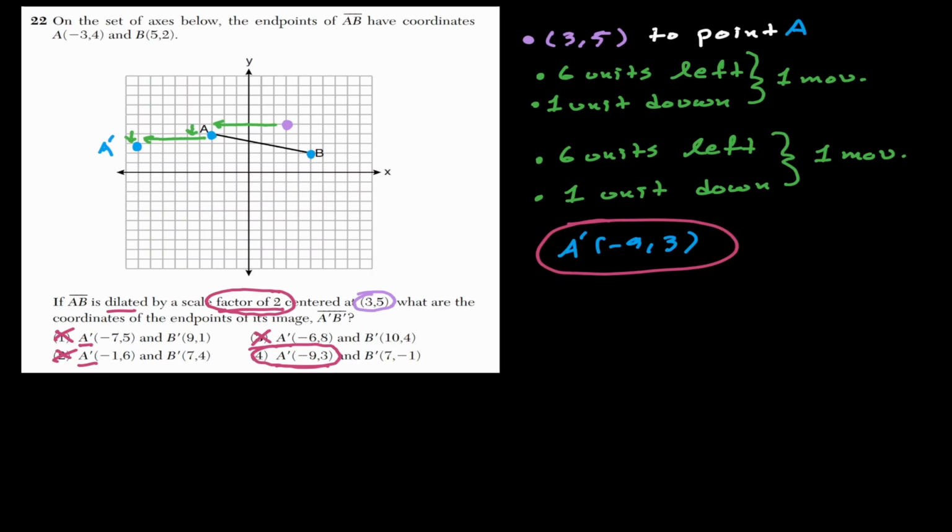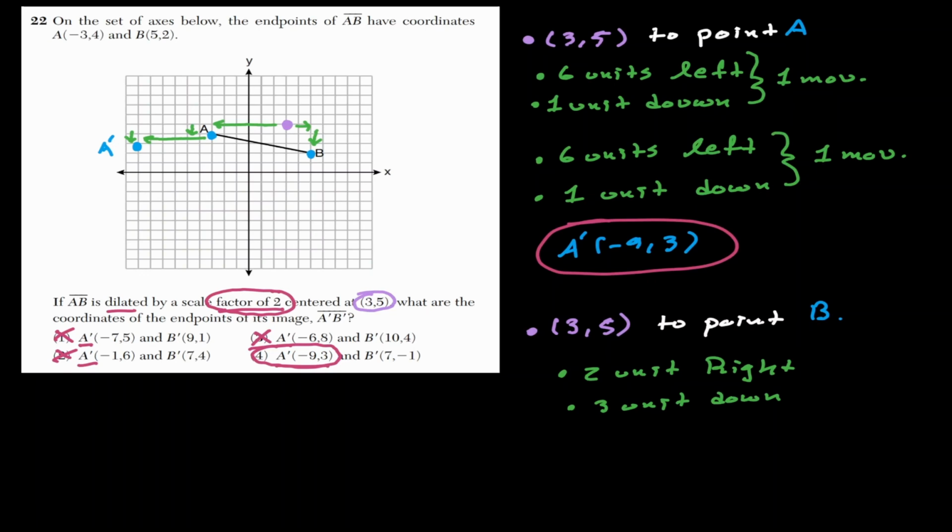Now let's just double check that we also got (7, -1) for B prime. So we're going to do the same analysis. Let's see what movement we need to do from the center of dilation to point B. Well, that movement is 2 units to the right and 3 units down. This is just one movement.